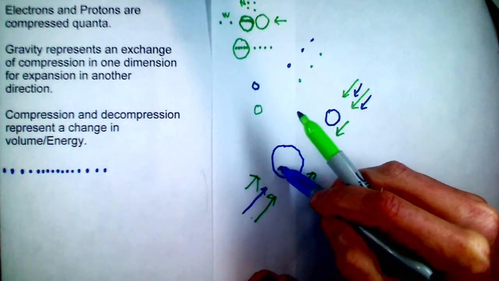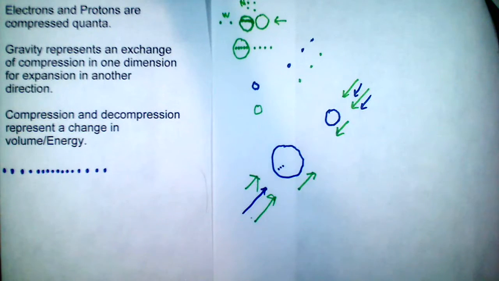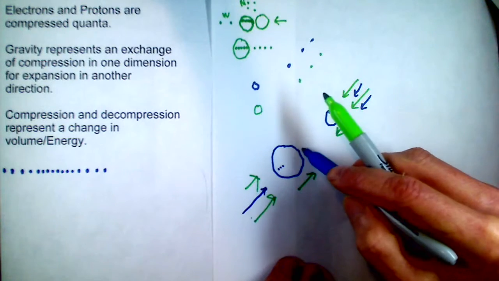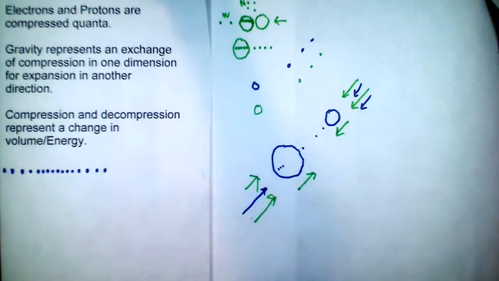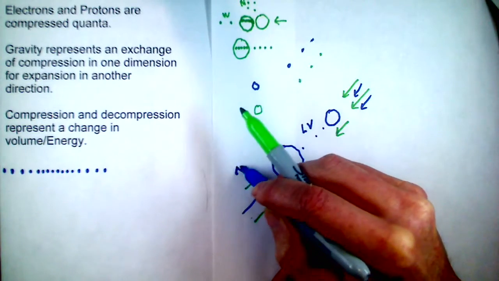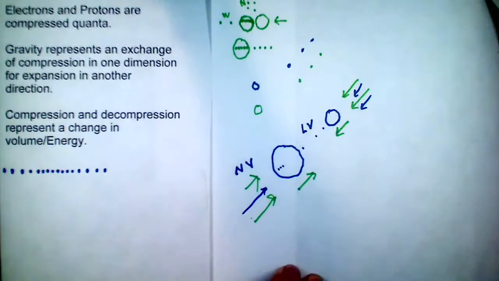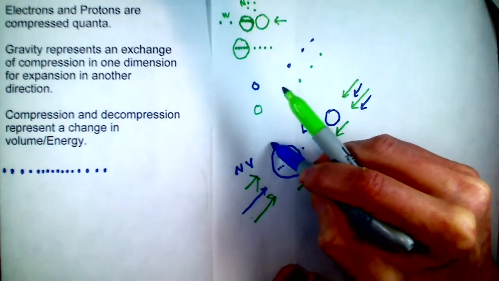They're adding them into the matter. They're being consumed in a real sense. And what ends up being released here is an expansion, a lack of density. So there's low volume here, normal volume here, and this volume is increased.